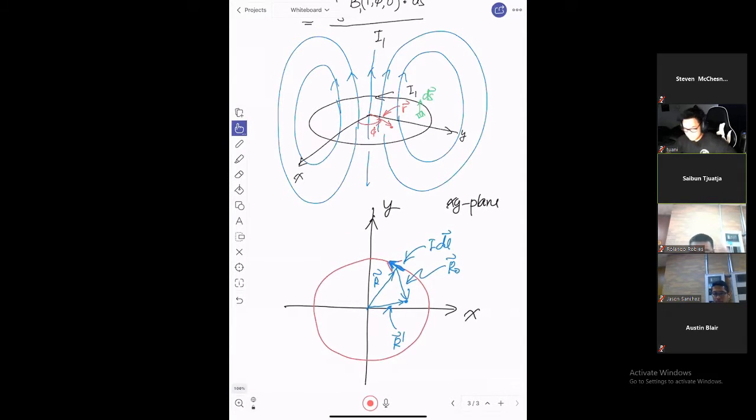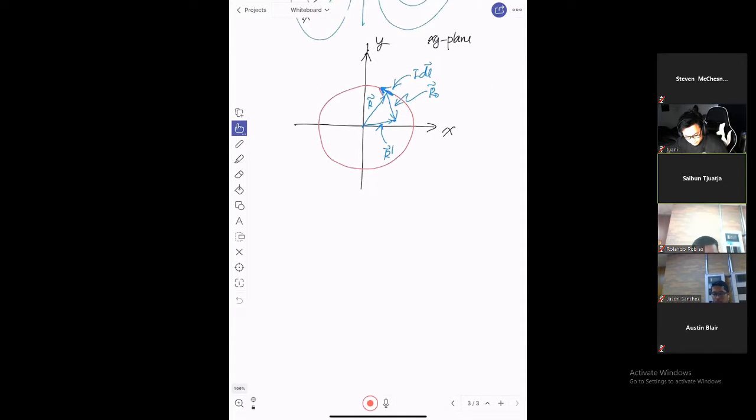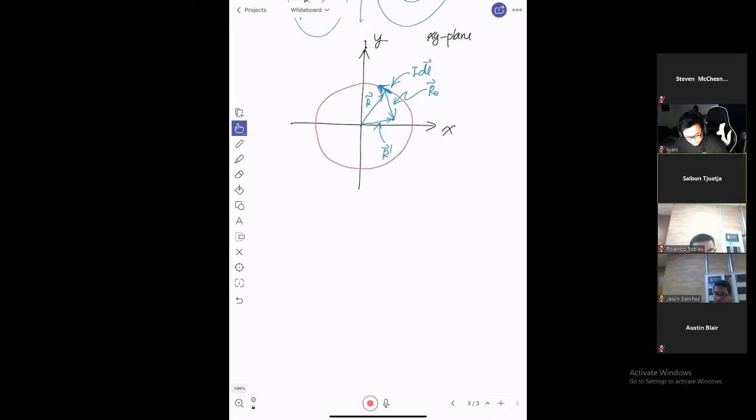All right, so let me move it up. Okay. So now the relation that I have is basically the Biot-Savart law, that we had earlier.